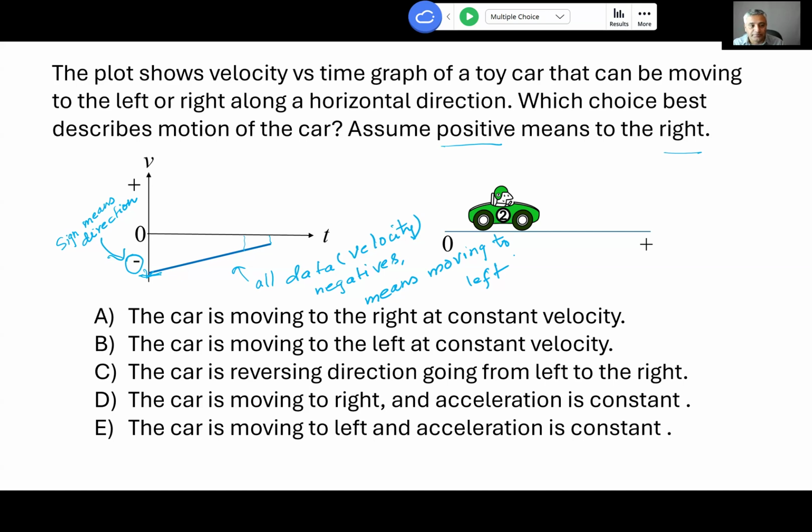That's what it means. Okay, so negative velocity means it's moving left. It may not be towards zero. It may be away from zero, anywhere. As long as it is moving to the left, velocity is negative.